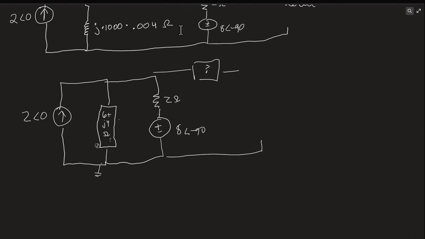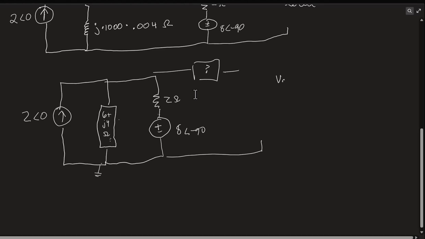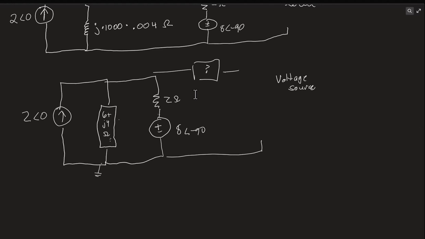Whenever you have a voltage source and a resistor in series, it is equivalent to a current source and resistor in parallel.